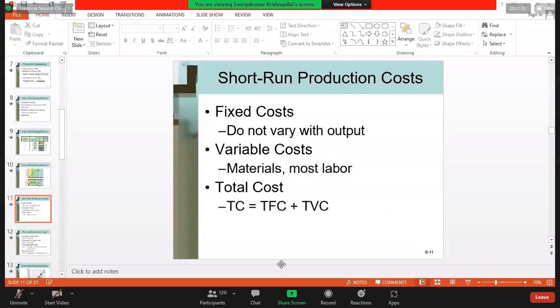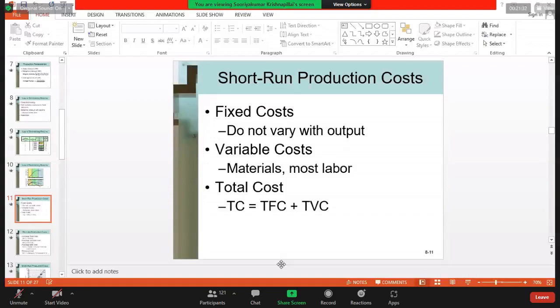Fixed cost includes the rent for the building, and fixed salary. Wages are different: wages are for variable input, while salary means per month. So a manager or anybody getting a fixed salary in that firm, that is fixed cost. Whether you produce or not, you have to pay the rent for the building or vehicle.